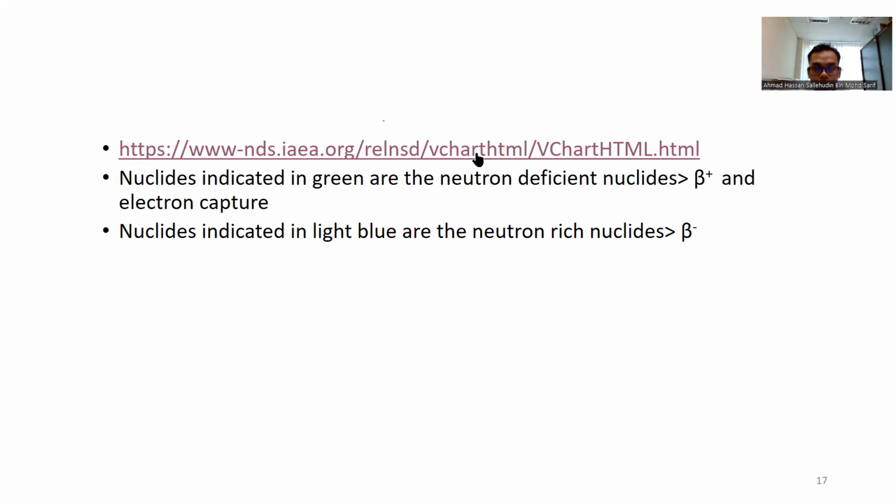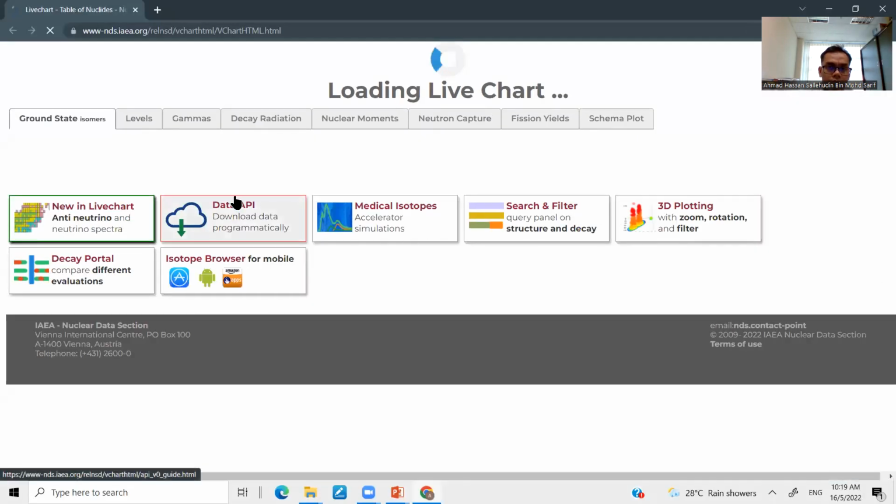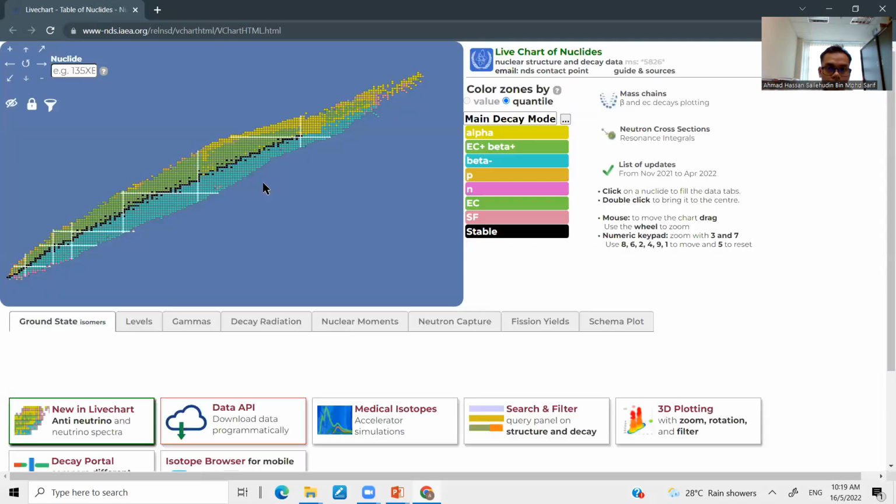See, alpha is mostly at Z greater than 83, so these are heavy nuclides. And then electron capture and beta plus decay are for neutron deficient nuclides, indicated in green.